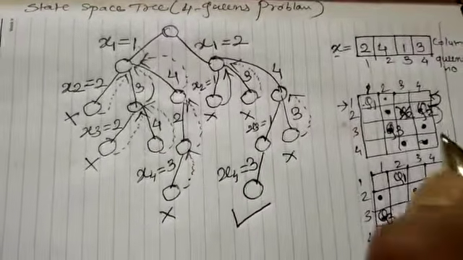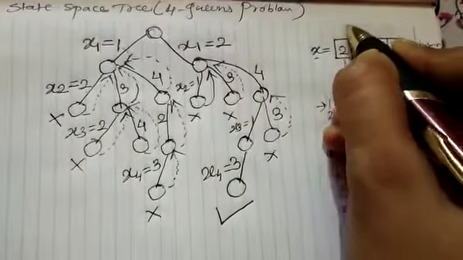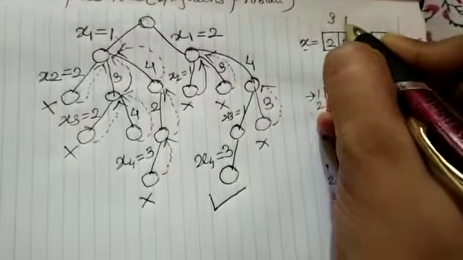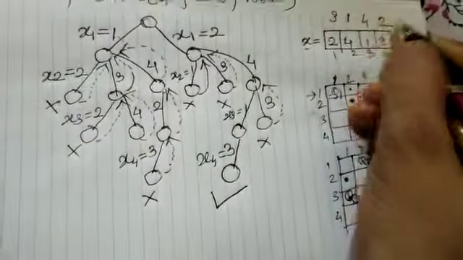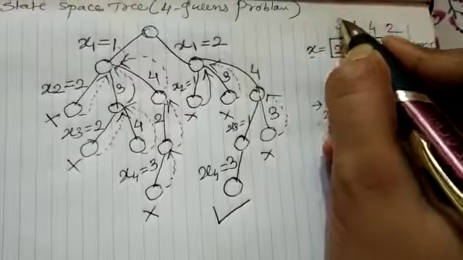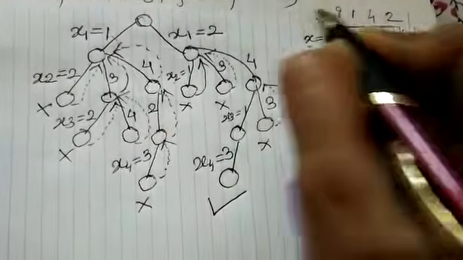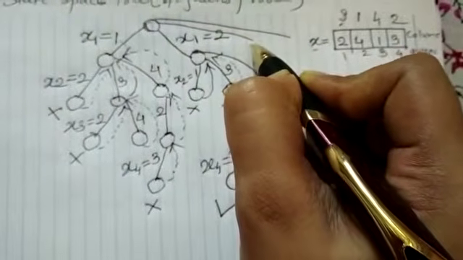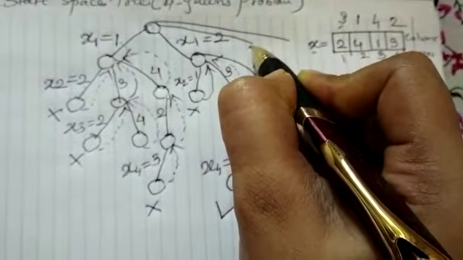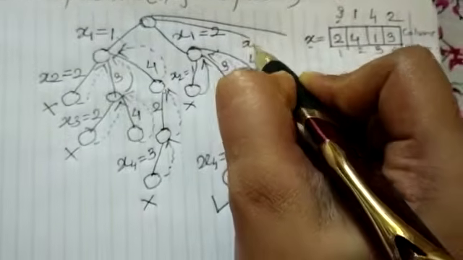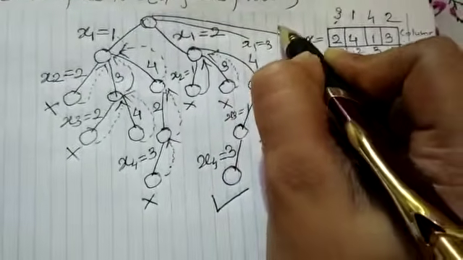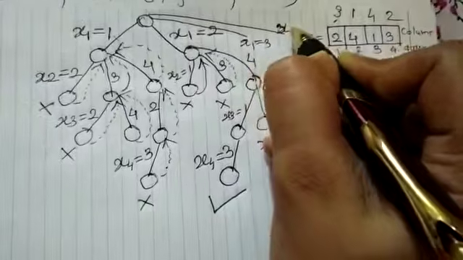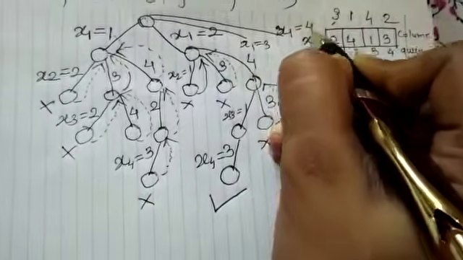Similarly, we have one more solution which I have already told you, that is 3 1 4 2. So the first queen needs to be placed in the third column. If I extend my tree or generate the remaining nodes, the next node will be x1 equals 3 and last will be x1 equals 4.